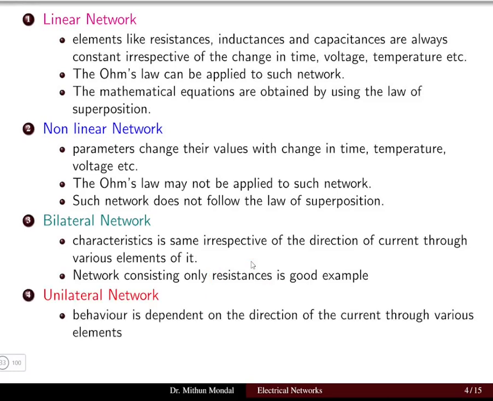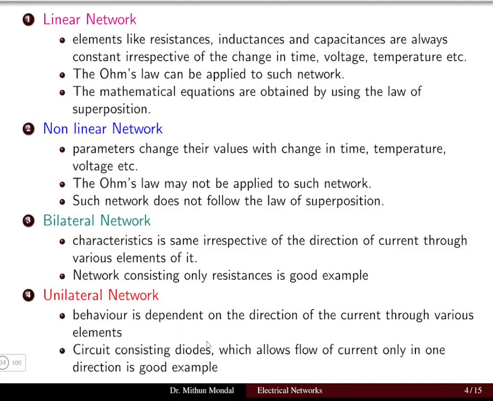Whereas in the unilateral network, the direction of the current plays a very important role in the behavior of the system, and it is dependent on it. If we take the example of a diode, then the direction of the current flow through the diode plays an important role.